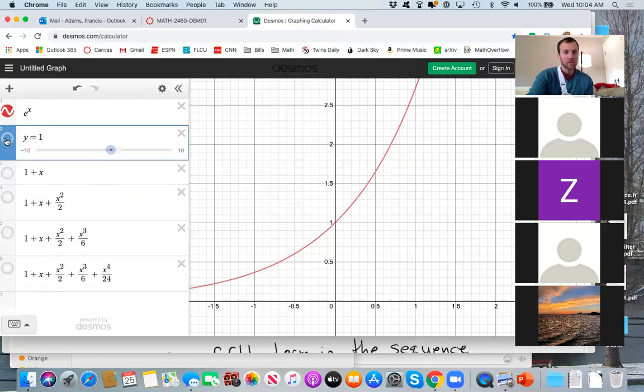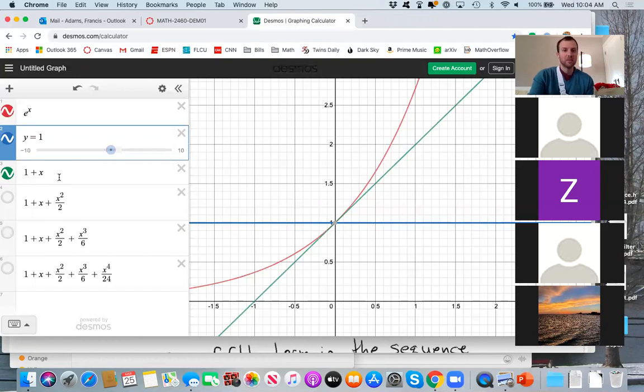As a bad approximation, this horizontal line y equals 1 is not very good, but it does cross here. So it's correct at one point. An approximation that we have seen before is 1 plus x.